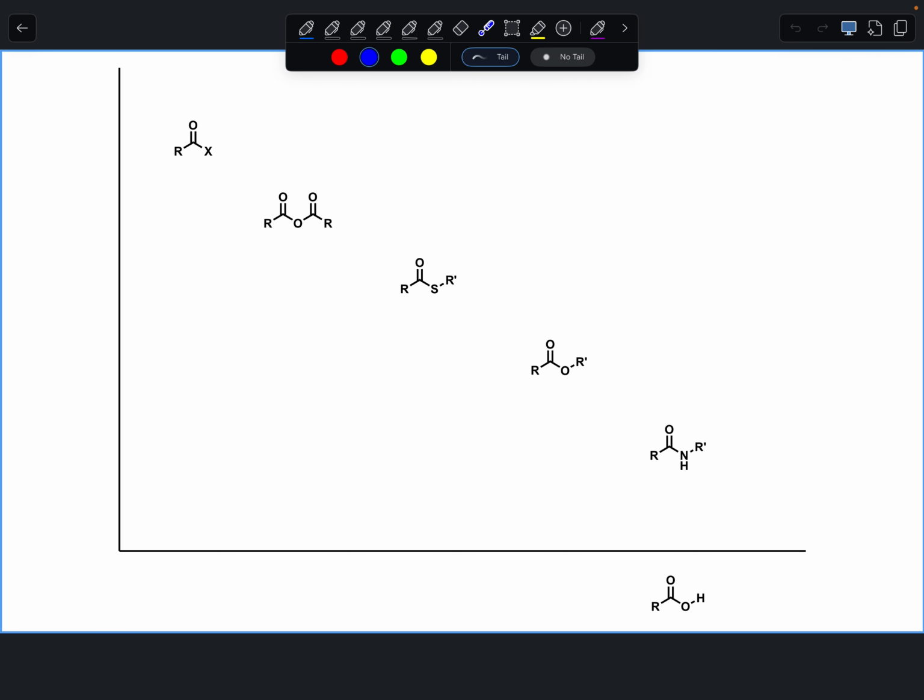So I'm going to do a substitution of my nucleophile in place of my leaving group. First I'm going to draw my starting material minus my leaving group. The new bond is between the carbonyl carbon and the oxygen of my nucleophile.